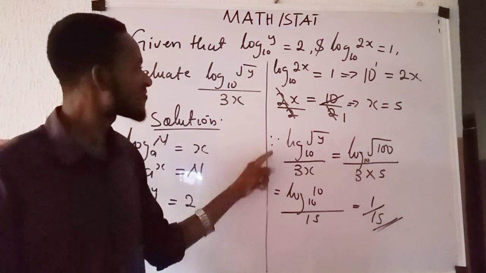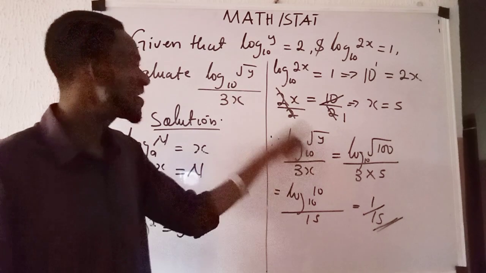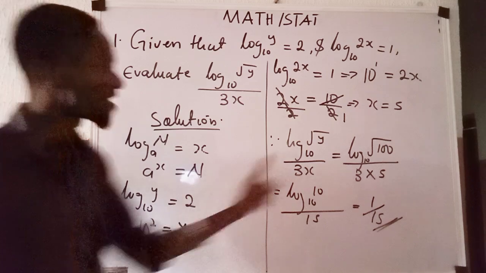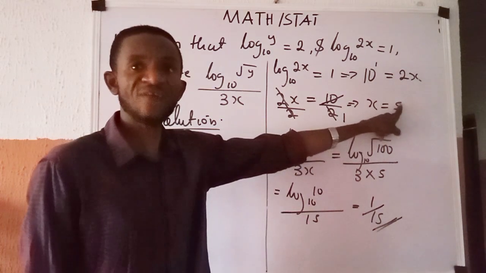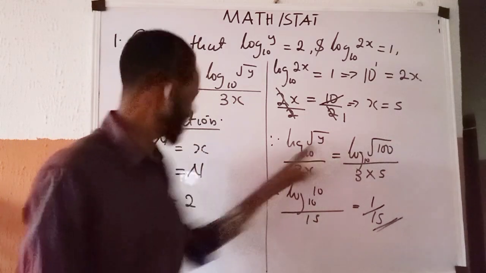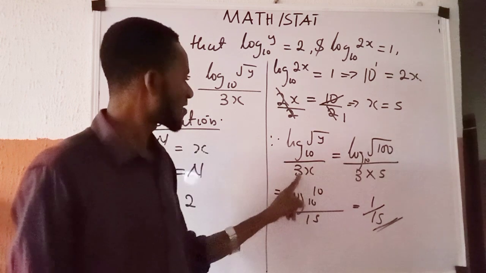I will now say, therefore, log of root y base 10 all over 3x. Anywhere I see y, I will put 10 raised to power 2, and anywhere I see x, I'll put 5, because these are their values. So I say log of, instead of y, 10 raised to power 2, which is 100, all over 3x.